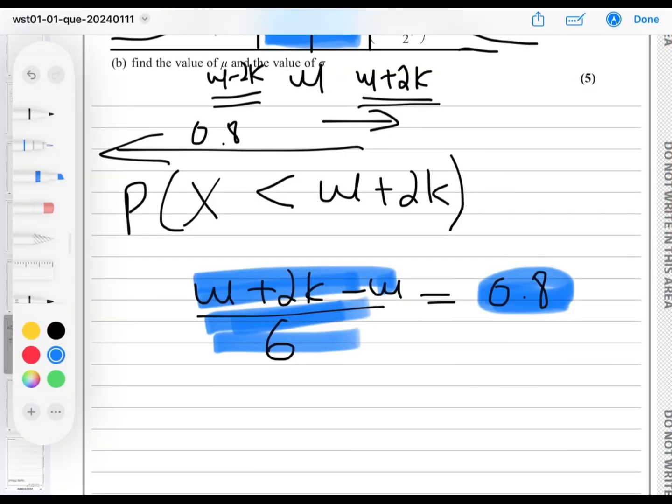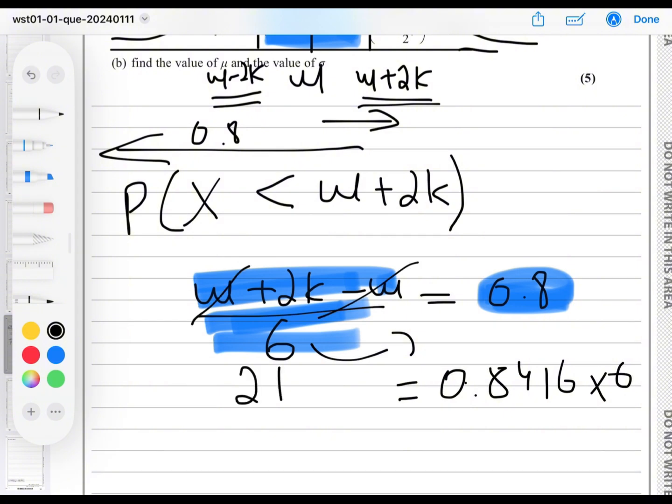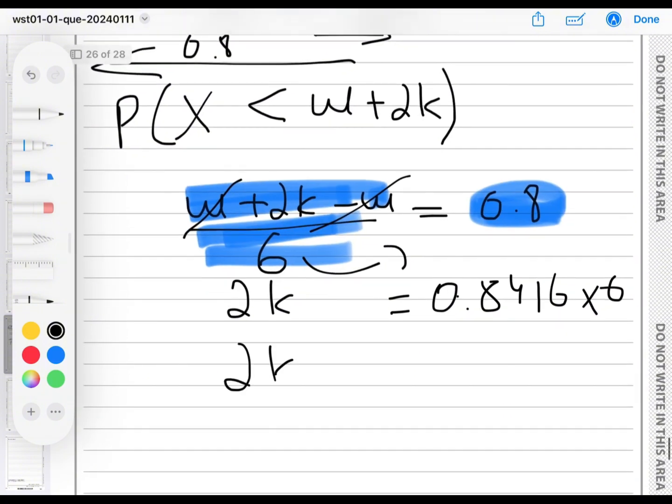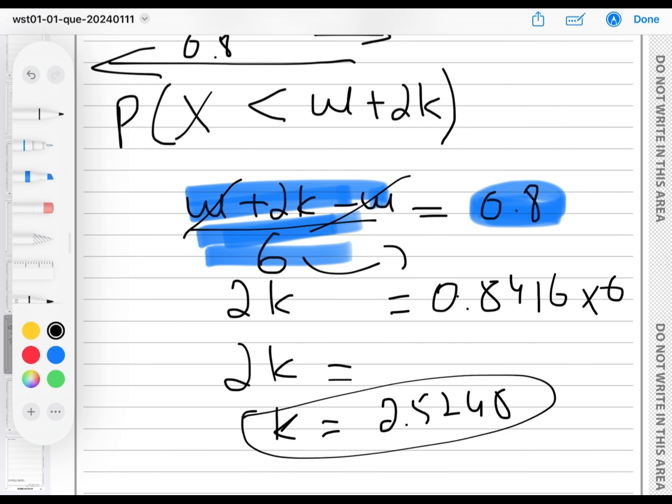So 0.8416 is the area, and 0.8416 times 6 will go there and the 6s cancel with each other. So 2k equals, let me calculate this by the calculator, 0.8416 into 6 divided by 2, so I got k equals 2.5248. This is the answer.